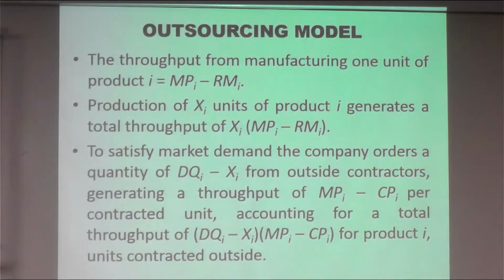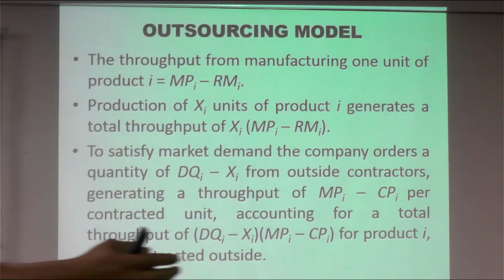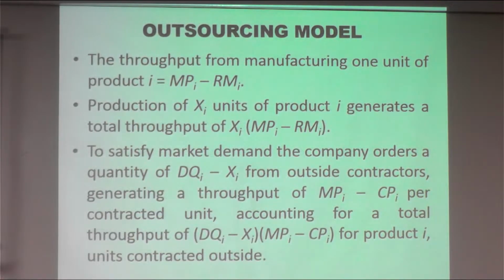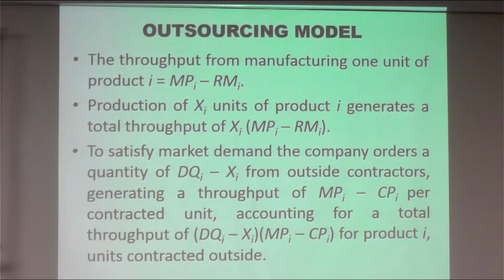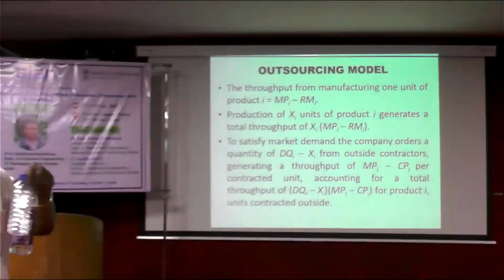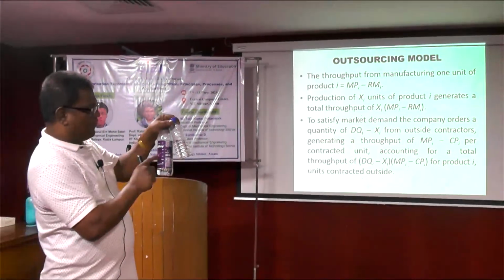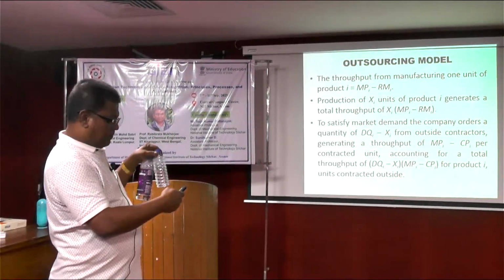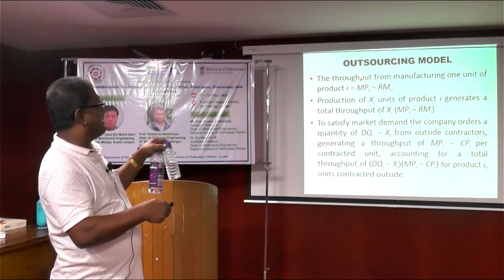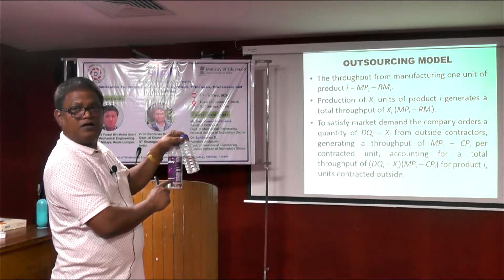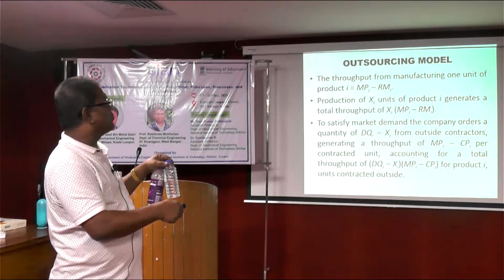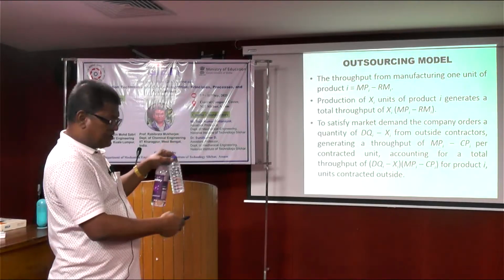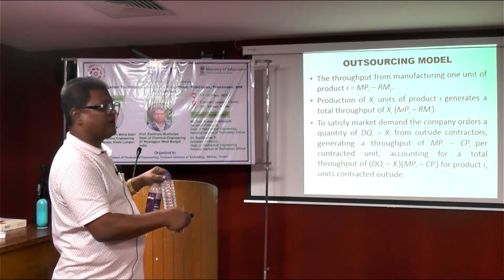From this I am producing X1, from this type X2, similarly from another type X3. So for this, it is MPI minus RMI, or MP1 minus RM1, into X1, the quantity I will be producing. So the total throughput for this product is Xi into (MPI minus RMI).